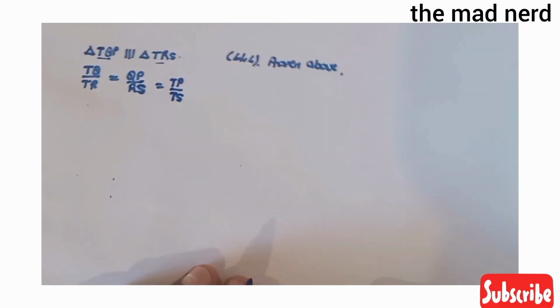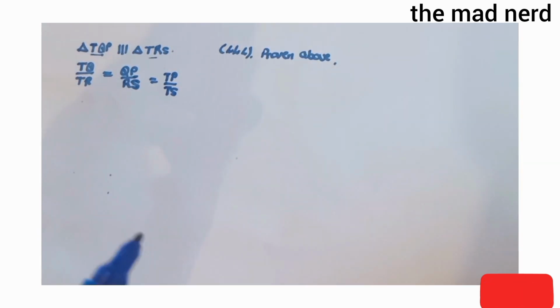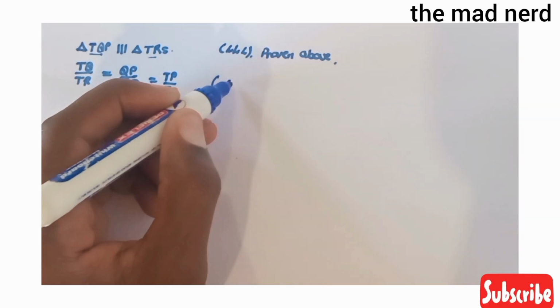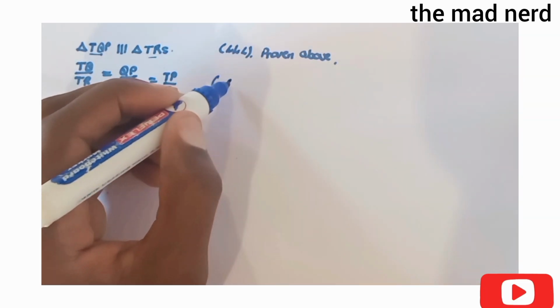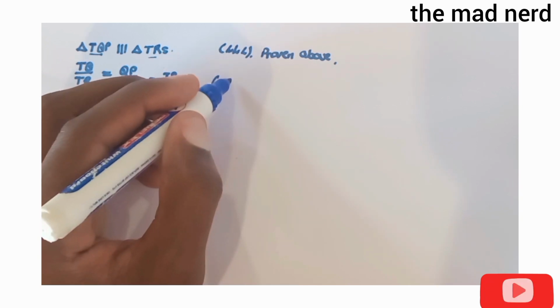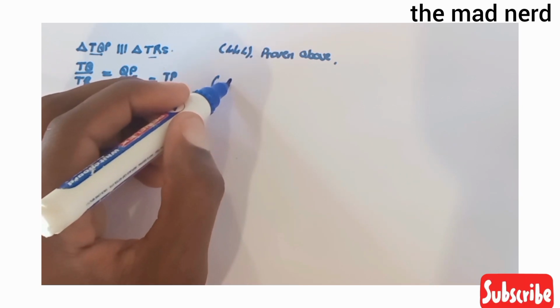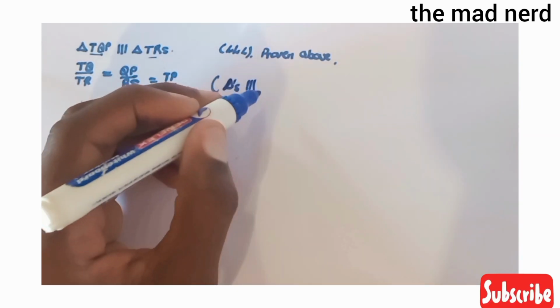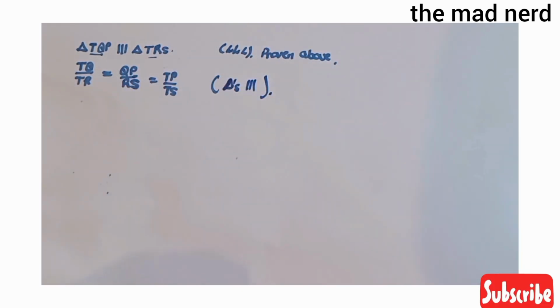TS. These are the corollaries, and we have similar triangles. So proven similar triangles. That is the reason we take these corollaries.